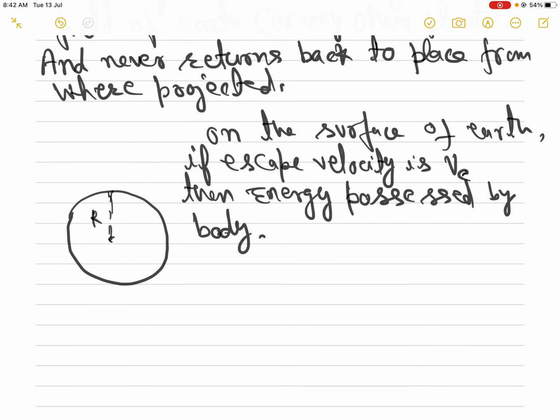So, kinetic energy will be half m v square, where m is the mass of the body and v is the velocity by which the body is projected, and that is escape velocity, and potential energy on the surface of earth is minus G M m by r, where M is the mass of the earth, small m is the mass of the body and r is the radius of the earth.